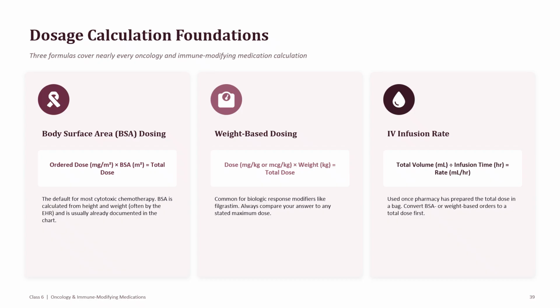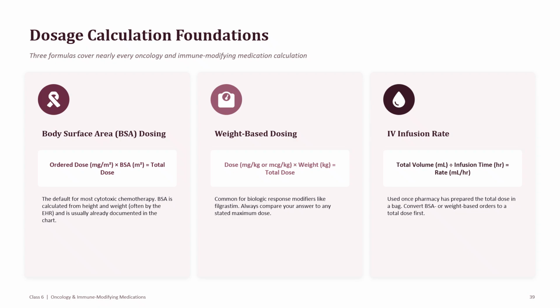Three formulas cover almost everything in this unit. We'll walk through each of those logically so that you understand the formula itself. Body surface area, which you will see as BSA, dosing is the default for most cytotoxic chemotherapies. BSA is used instead of weight-based because it correlates better with a lot of the physiologic processes, like your blood volume, your organ size, and your metabolic rate.